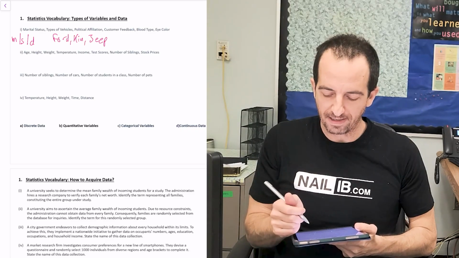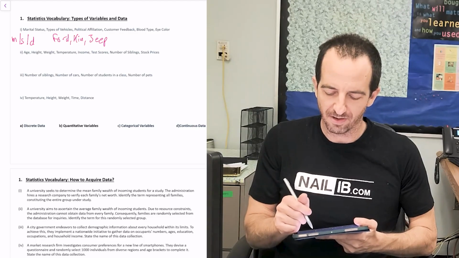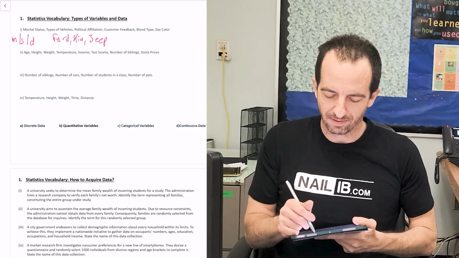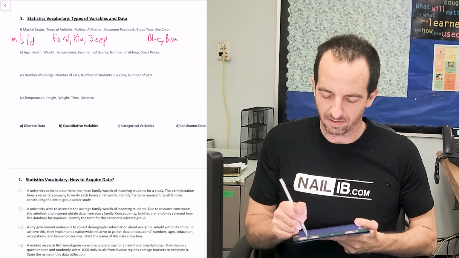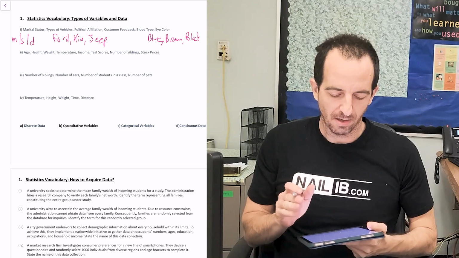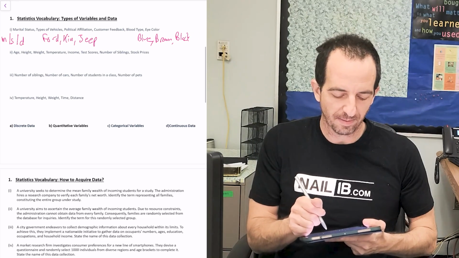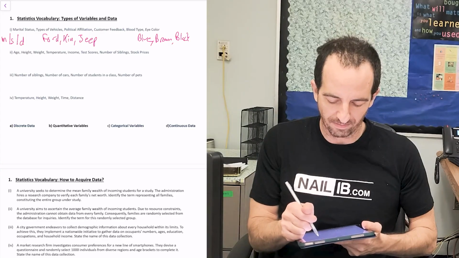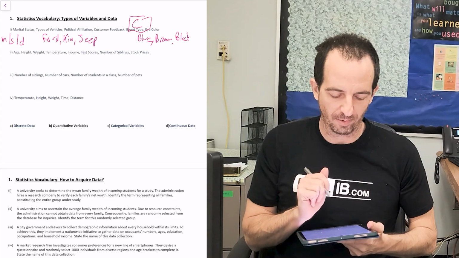For eye color, we might have red. No, that doesn't make any sense. We might have blue, we might have brown. Maybe somebody has black, maybe green. You get the idea. These are all categories, and these types of variables are categorical variables. Right? This is C, categorical variables.